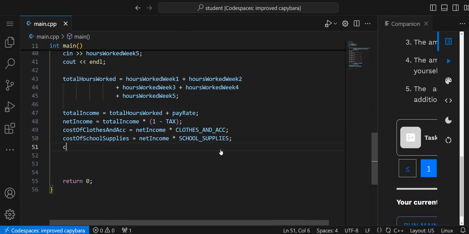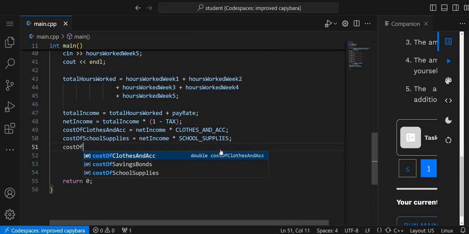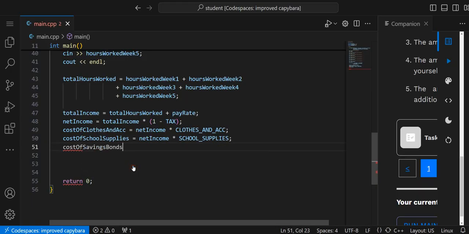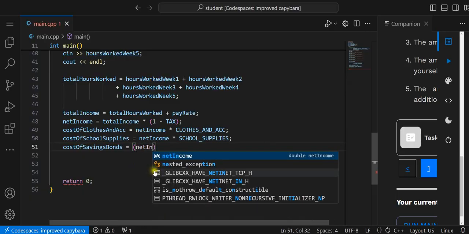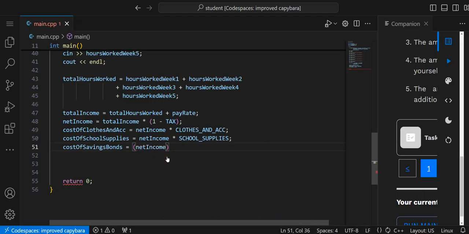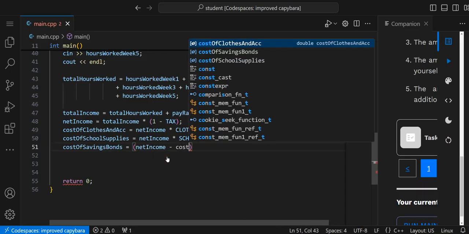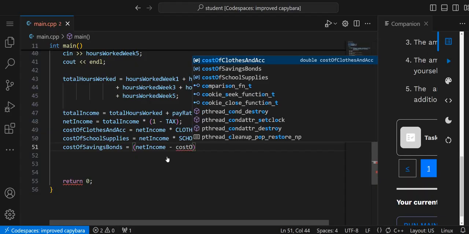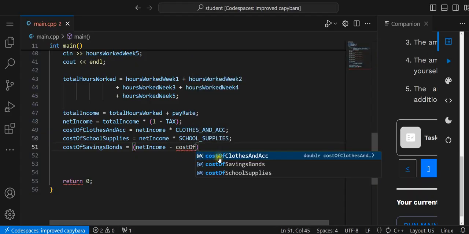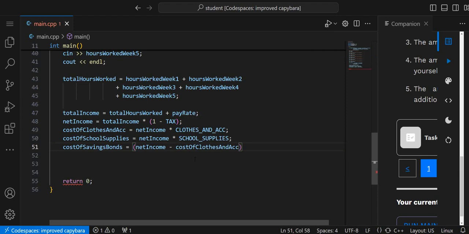Alright, and cost of savings bonds equals net income minus cost of clothes and accessories minus cost of school supplies.